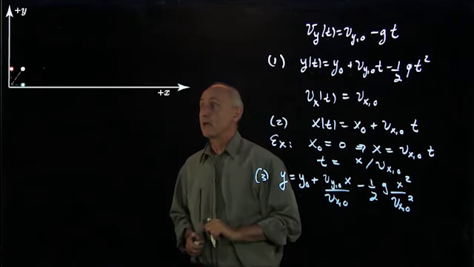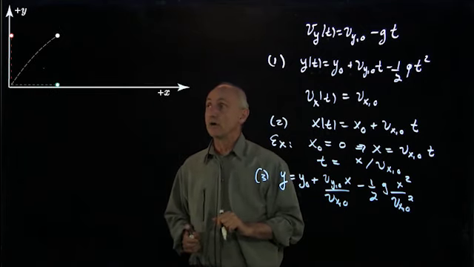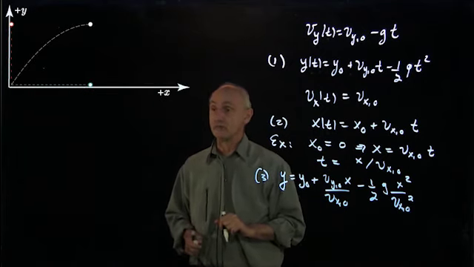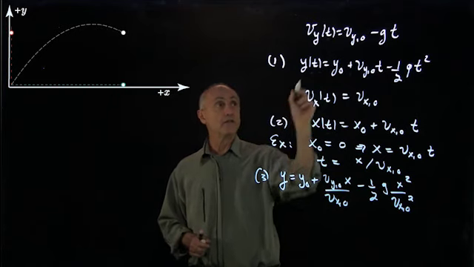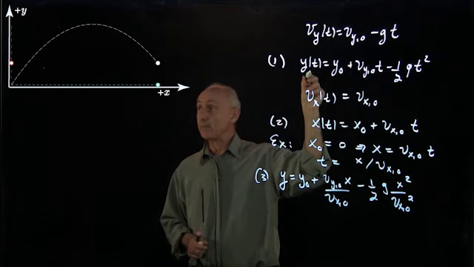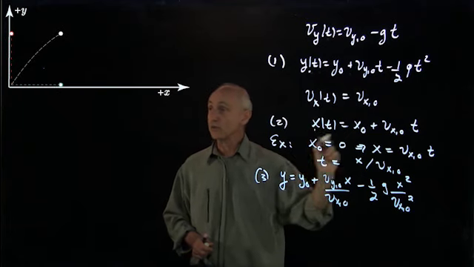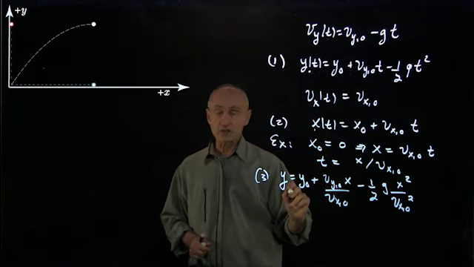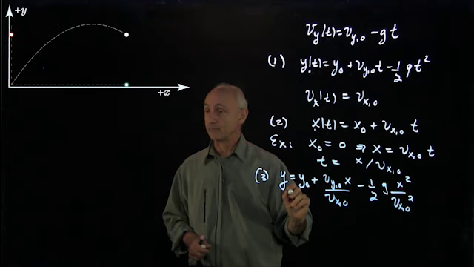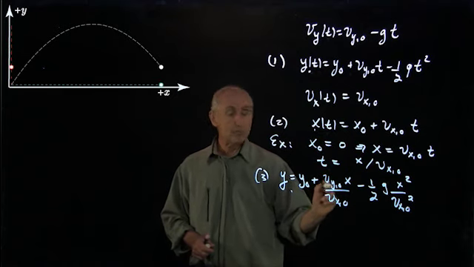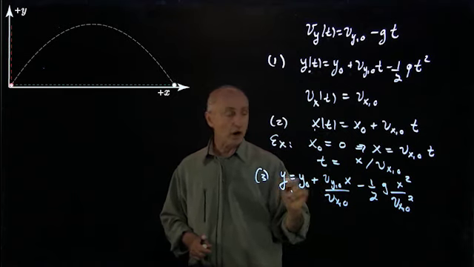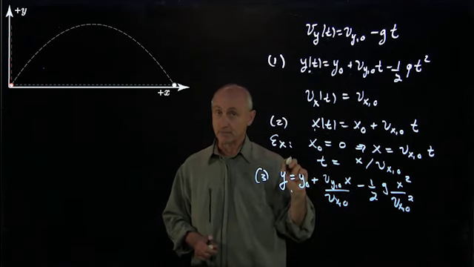When we look at a plot of the motion of y versus x, we can see the vertical component going up and down, and we can see the horizontal component moving to the right, while the object is following this trajectory. And this is a parabolic trajectory of y as a function of x.